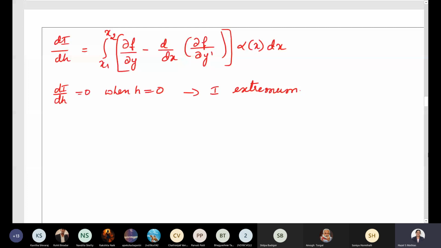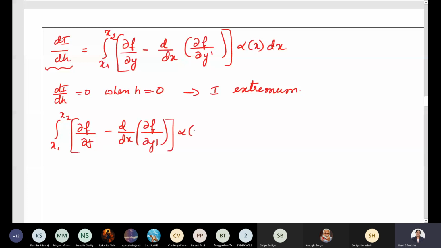So the integral x1 to x2 of ∂f/∂y minus d/dx of ∂f/∂y', times alpha of x dx, must be equal to 0.